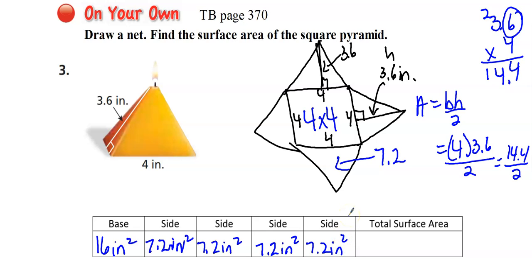And when I add those all together, 7 times 4, 28, plus 16, 44, and then I have the 0.2 times 4, 0.8. So I get 44.8 inches squared. I was just trying to add with some mental math. Okay, so that's really all there is to finding the surface area of a square pyramid.